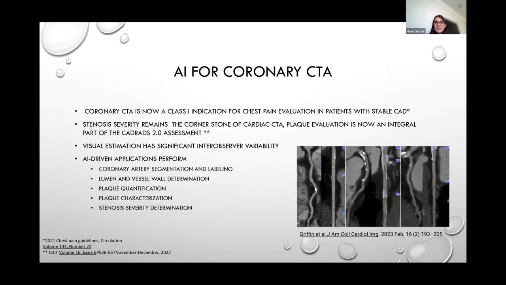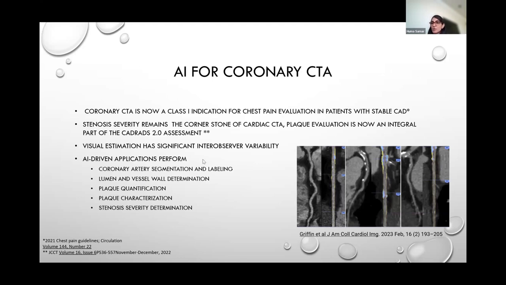Moving on to coronary CTA. Coronary CTA now has a class 1 indication for evaluation of chest pain in patients with stable coronary disease. And although stenosis severity is the most important feature in these coronary CTs, the CAD-RADS 2.0 now recommends plaque evaluation in all coronary CTs.